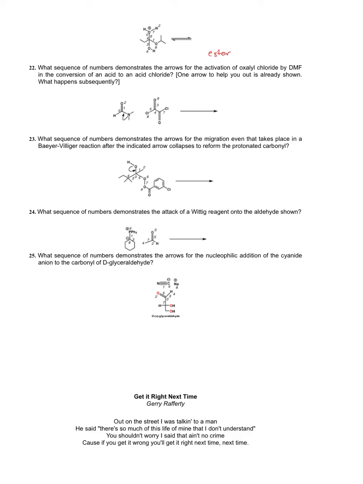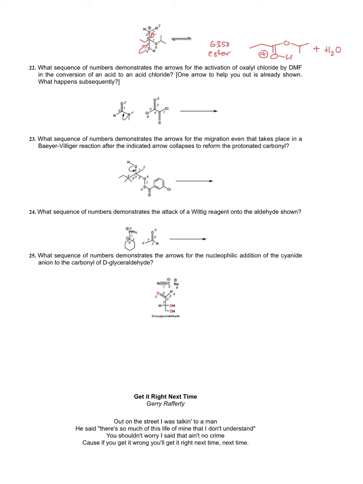So because you need to form an ester, the arrow has to start at 6. So 6 to 3, and then you're eliminating 5, and that's going to 0, 5, 0. So you're ending up with your ester plus your water. So that's the elimination that's taking place.